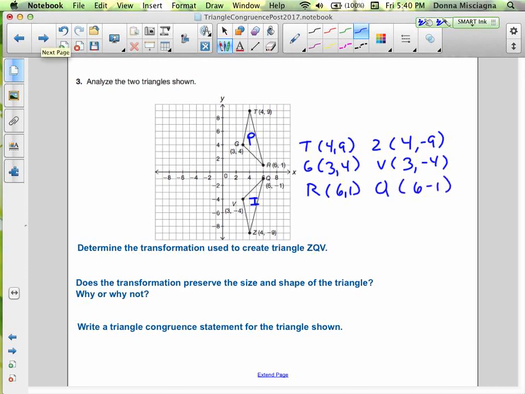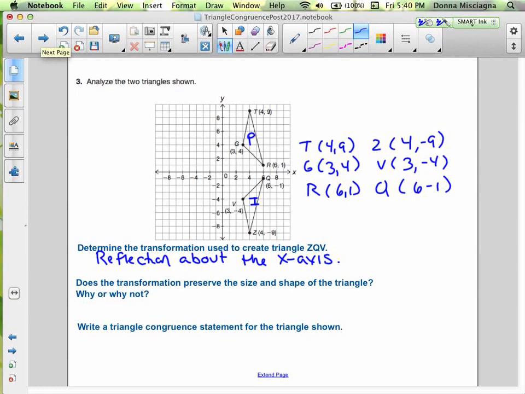Well, which of our transformations would keep the x value the same and change the y to the opposite? That is a reflection about the x-axis. Or you could say y equals 0. And this one, by the way, is also in your notes.